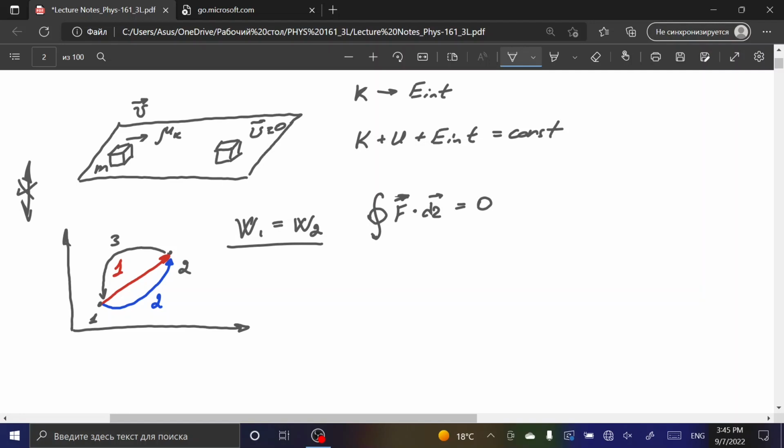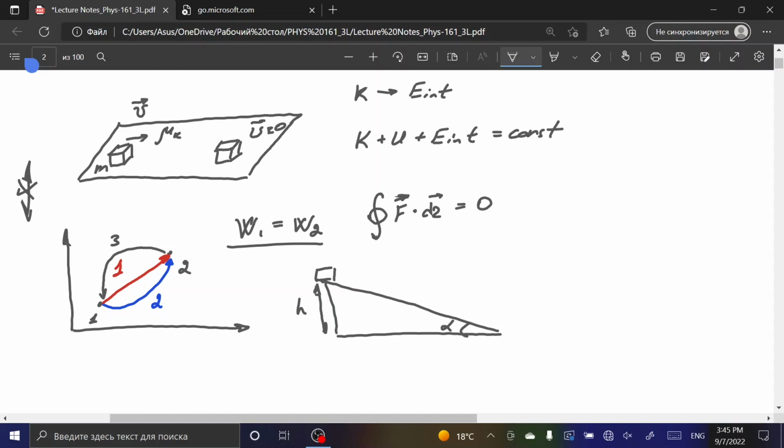So let's say we have some block on an inclined plane, with some angle alpha, and this side of the inclined plane has height h.